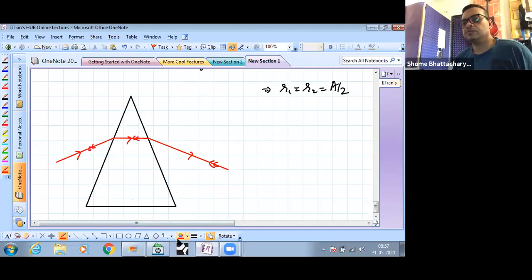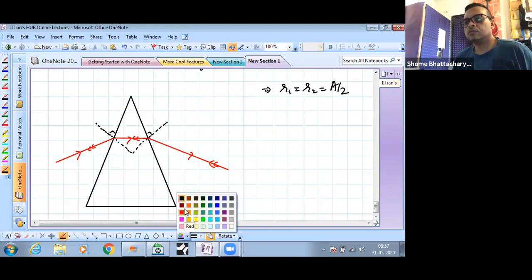Now, this angle will be equal to this angle, and this angle will be equal to this angle.